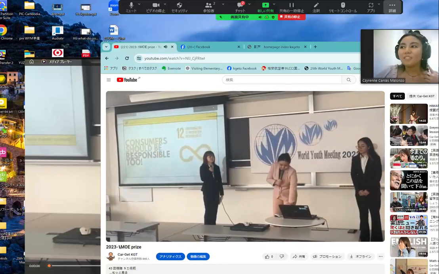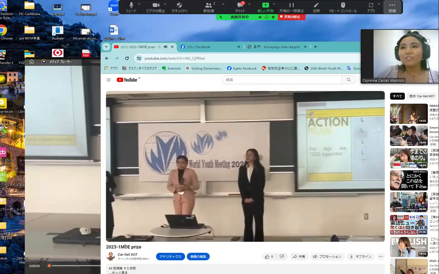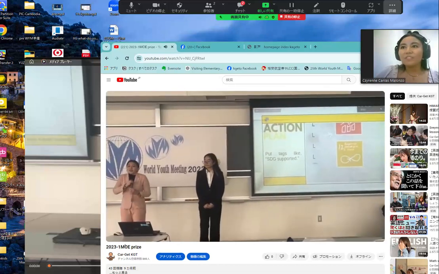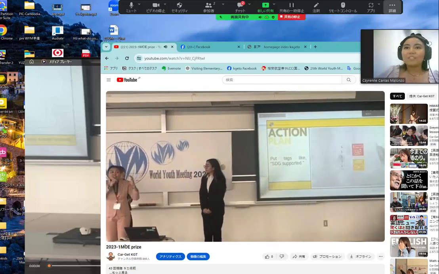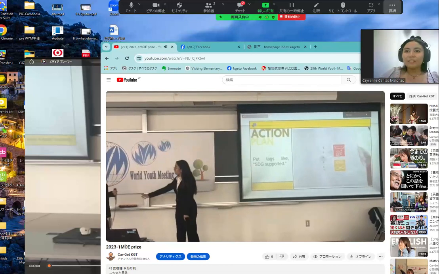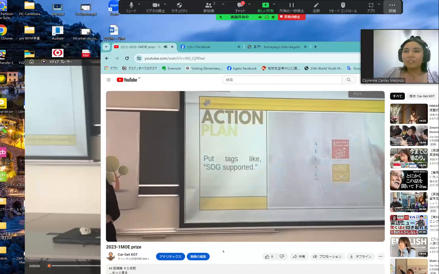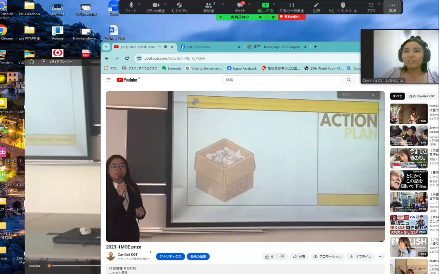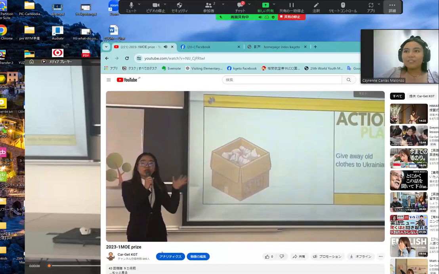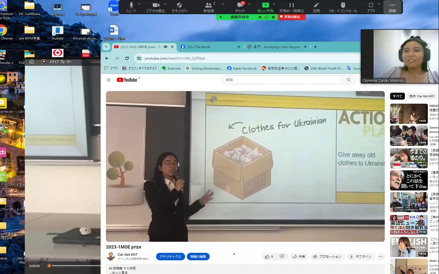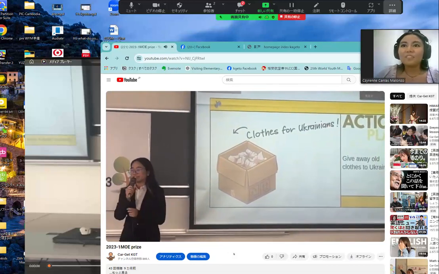For the action plan, we support tags like this. If companies put tags like this, then people will know that this company supports SDGs. That would be great. We also came up with an idea of giving away our old clothes to Ukrainians by putting donation boxes in our university, Nihon Fukushi University, so that clothes will not go to waste.